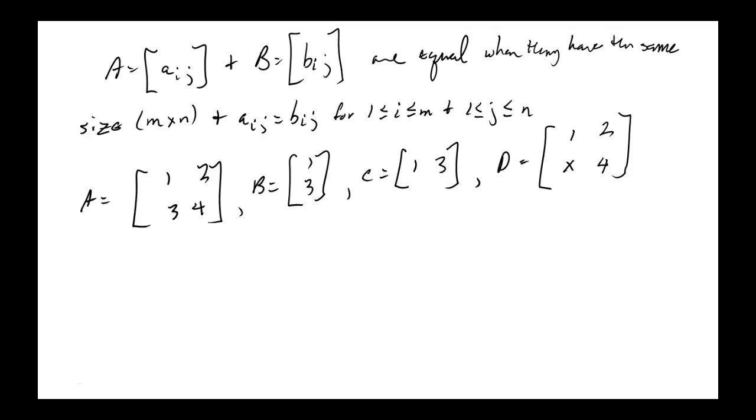The other thing you can do is partition a matrix. Like this matrix A can be partitioned into the column vector or column matrix 1, 3, and the column matrix 2, 4.